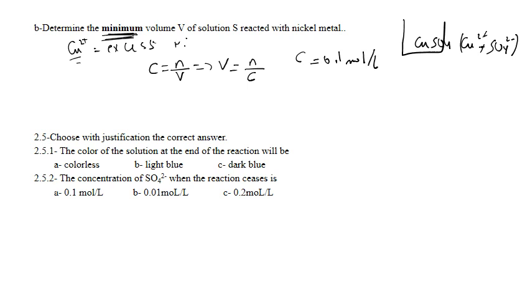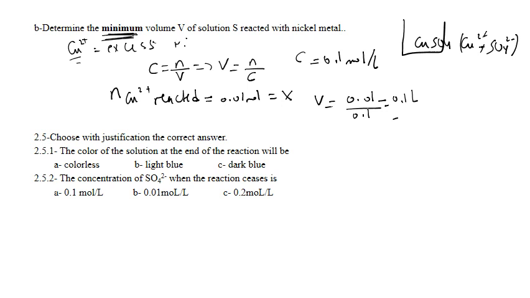So to calculate the minimum volume, we have to take the minimum number of mole of Cu2+ reacted. So we should use the number of mole of Cu2+ reacted, not the initial number of mole, since we are calculating the minimum volume of solution S. The number of mole of Cu2+ reacted is 0.01 mole. It is equal to X. So the volume should be 0.01 mole over the concentration, which is 0.1. It is equal to 0.1 liter. It is 100 milliliter. It is the minimum volume.